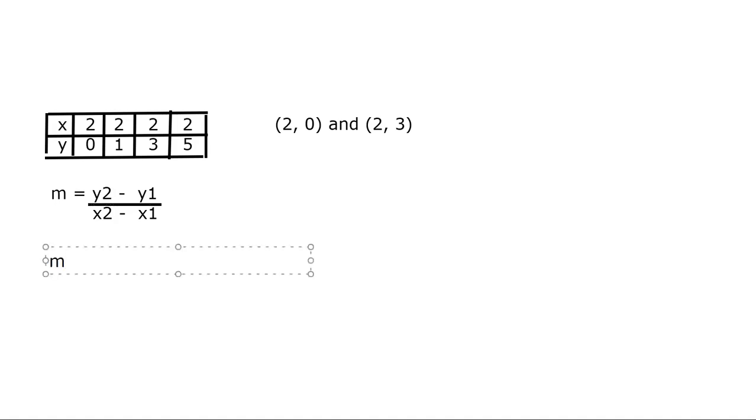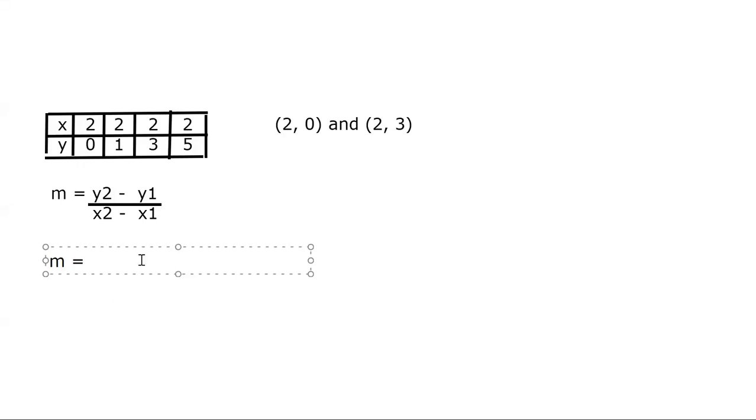Now I'm going to replace the values. For example, for Y, the second value is 3, right? And the first value goes in Y1, because I subtract the greater minus the least one in here. The second point minus the first one.